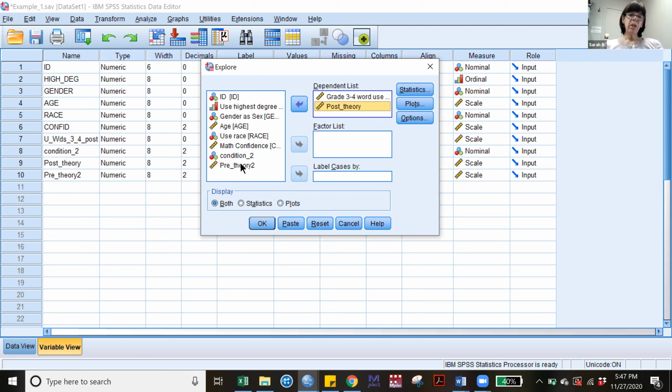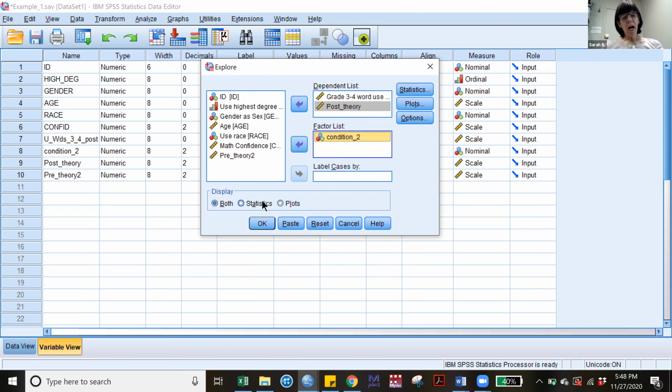The factor, or what we are hypothesizing might cause or relate to differences, is our independent variable, or our groups or levels that we think may relate to differences in the dependent variable, or in this case, 2 dependent variables. The 2 dependent variables will be taken separately, but you can put more than one of them in the box at the same time.